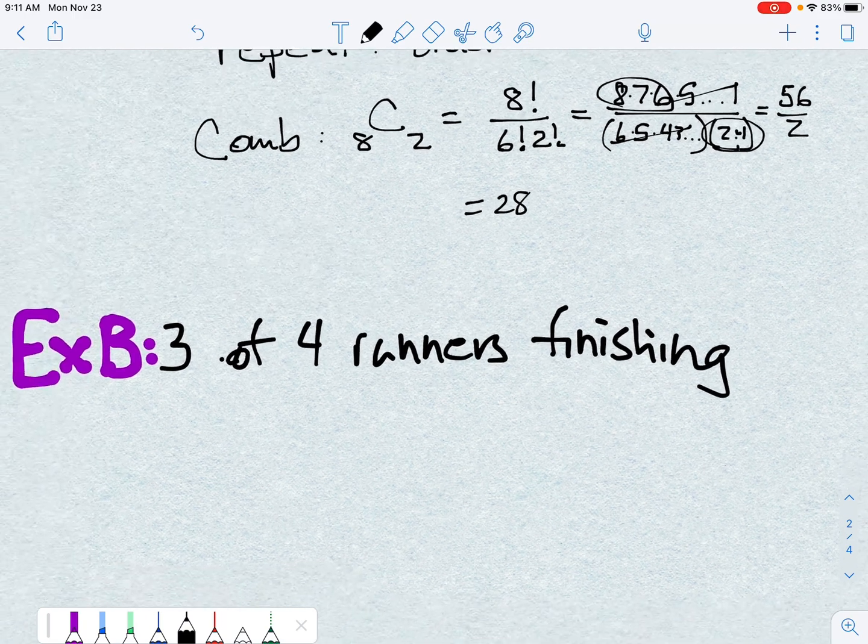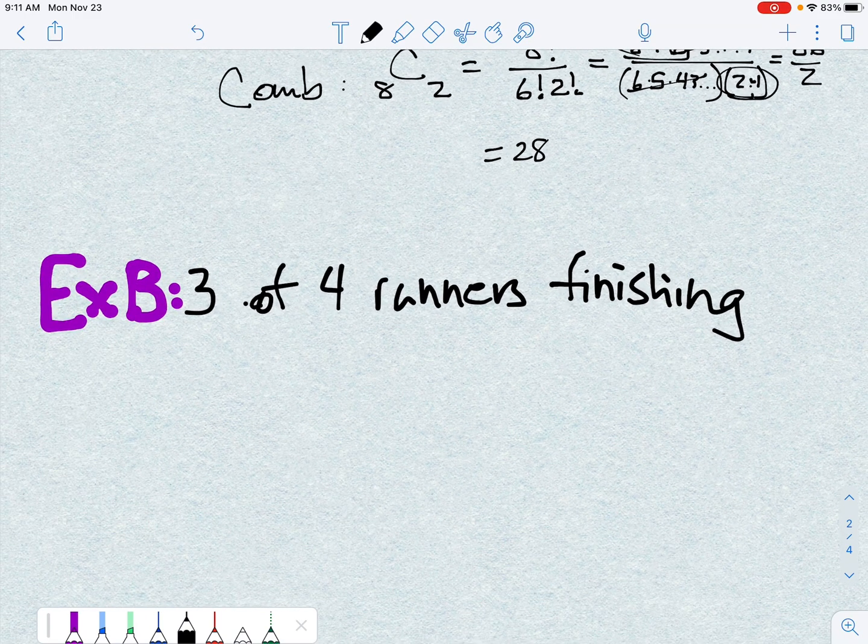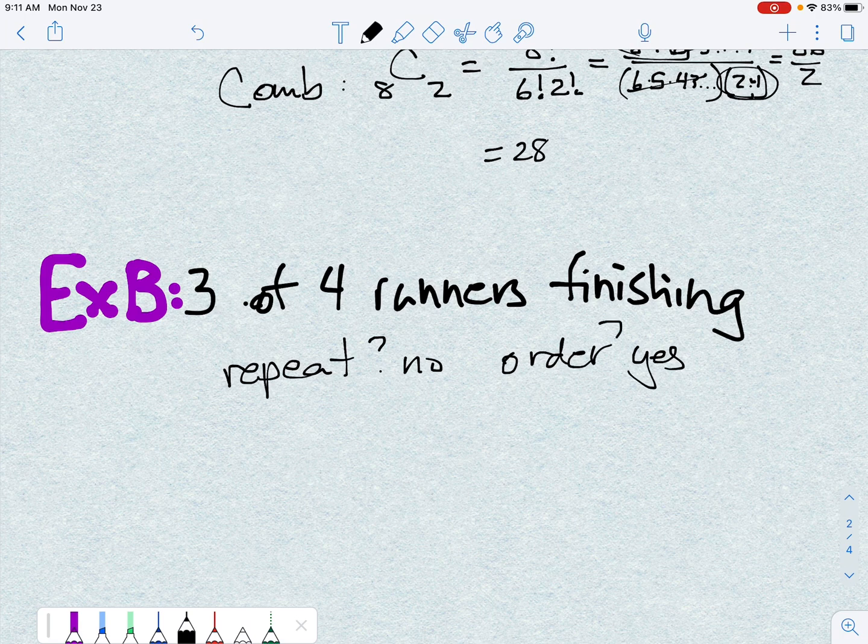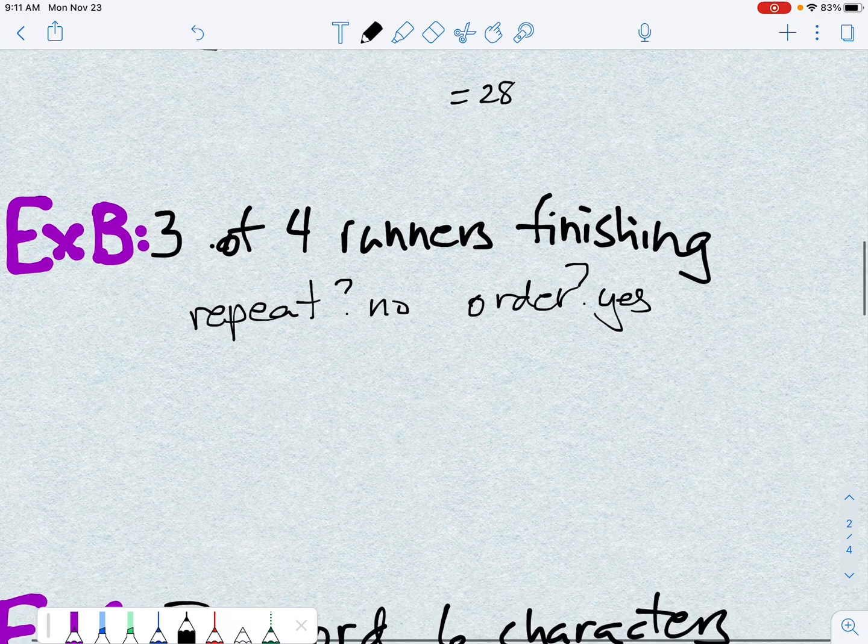Three of 4 runners, how many ways can they finish? So in this case, again, you cannot repeat a runner, so repeat, no. But order, yes. Meaning if you finish first, second, or third, then that's important. So this is a permutation.